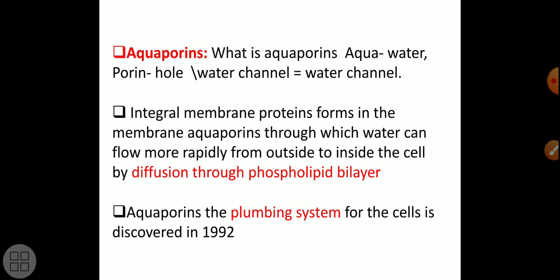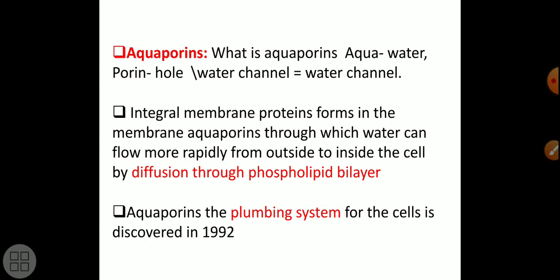My friends, you have to keep in mind that the plasma membrane is composed of two layers, the bilipid layer, and protein. So the plasma membrane is also called lipoproteinous in nature.